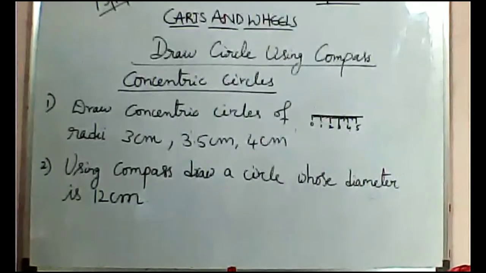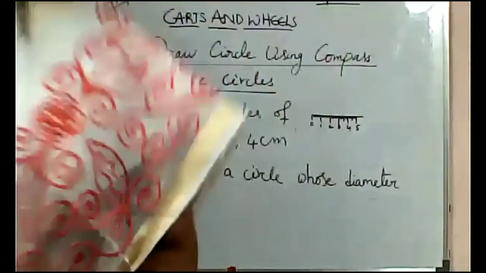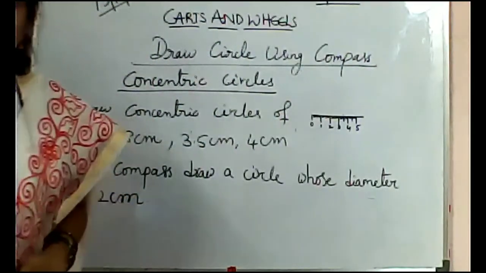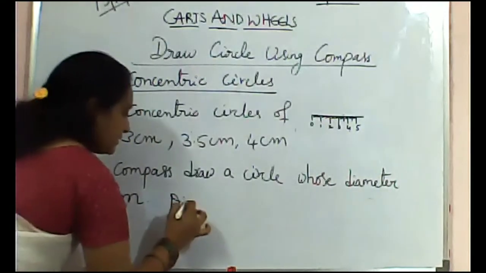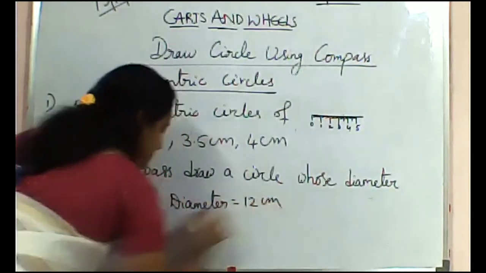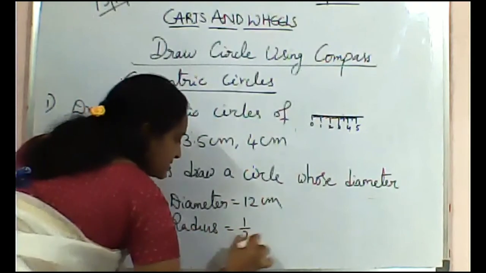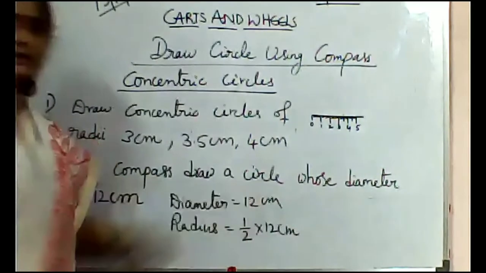Using a compass, draw a circle whose diameter is 12 centimeters. So children, observe what is given for us here? Diameter. If we want to draw a circle, we need the radius. So we have the diameter here. So for that we need to find out the radius first. So what is the radius here? Half of the diameter.